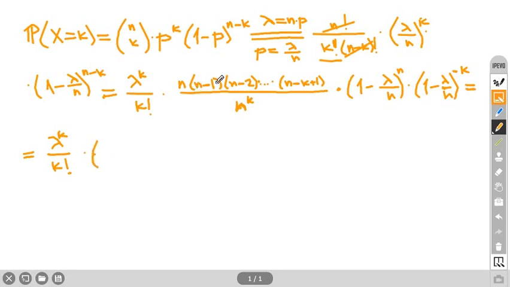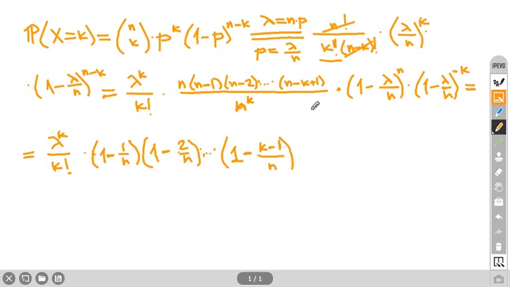So one of the n's will be cancelled. I will have n minus 1 over n, which is 1 minus 1 over n. Then n minus 2 over n, so 1 minus 2 over n. Then etc. The last one will be n minus k plus 1 over n, which is 1 minus k minus 1 over n.